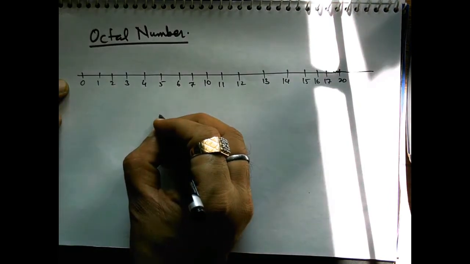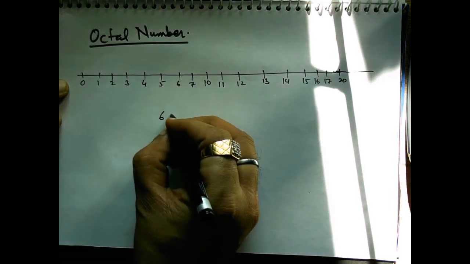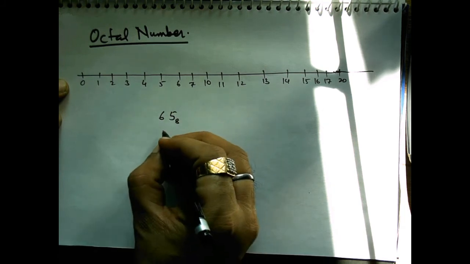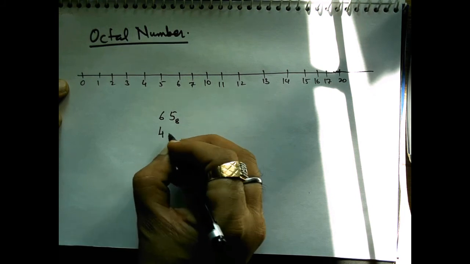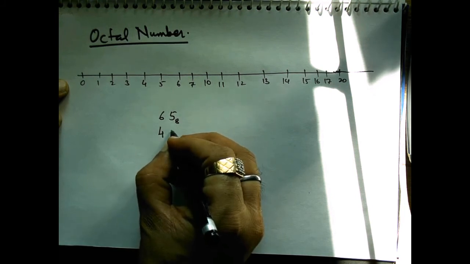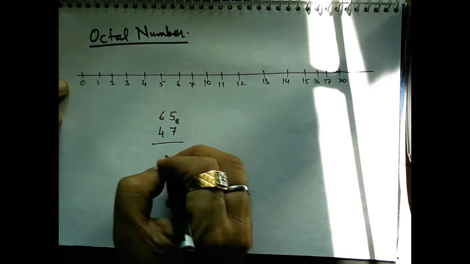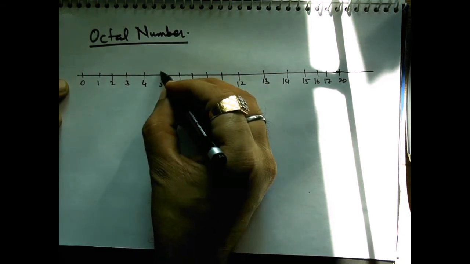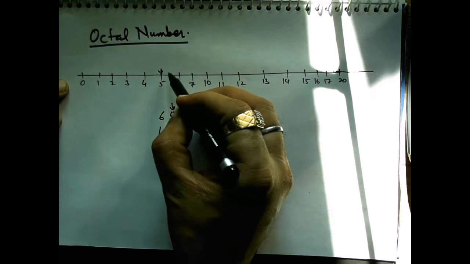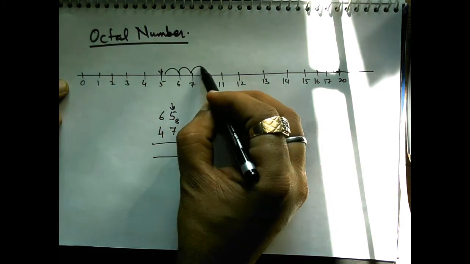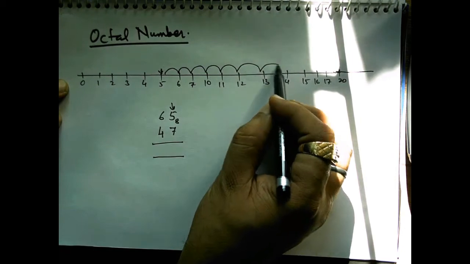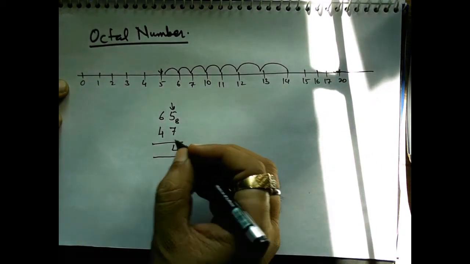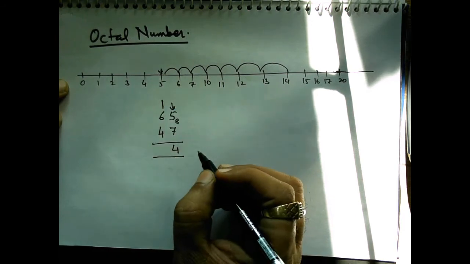Suppose we wish to add, say, 65 in octal with, say, 47 in octal. Naturally this problem says that we are at the position of 5. We have to move 7 steps to the right. We will be at 14, meaning 4 the sum and 1 the carry.